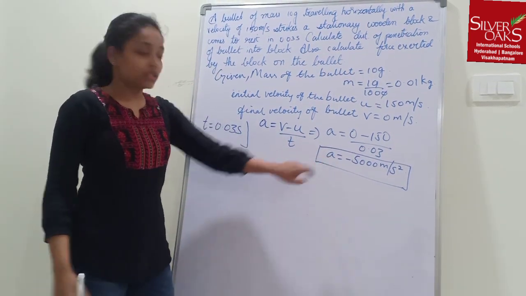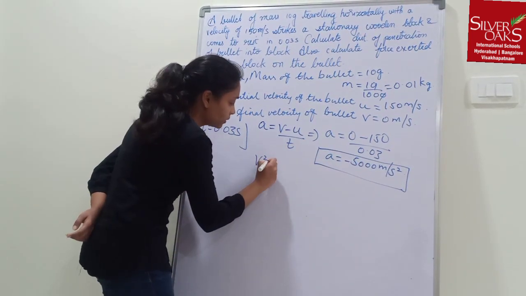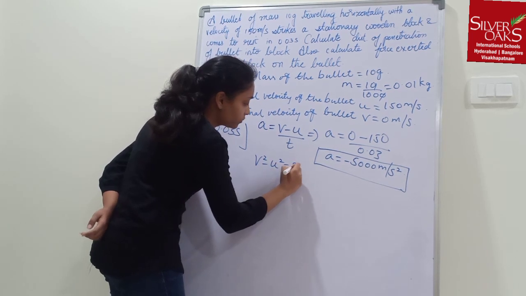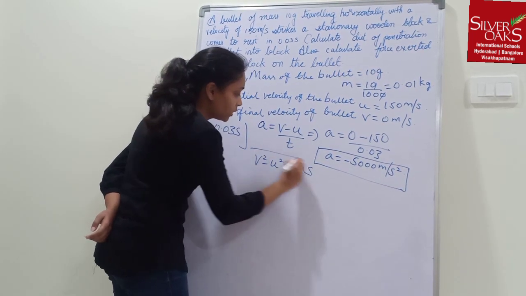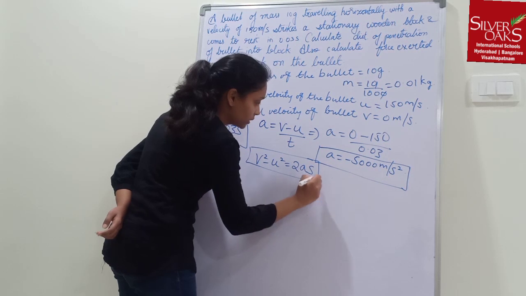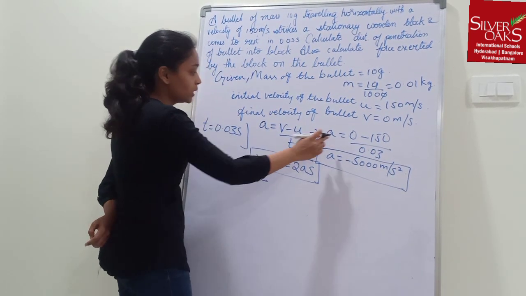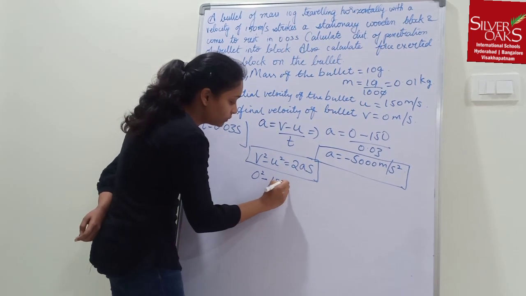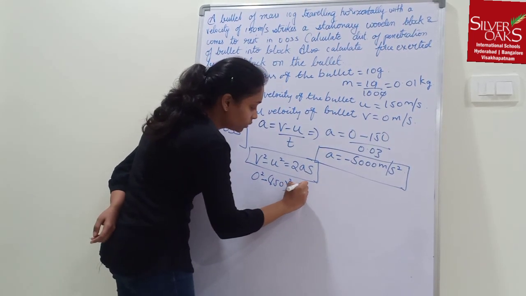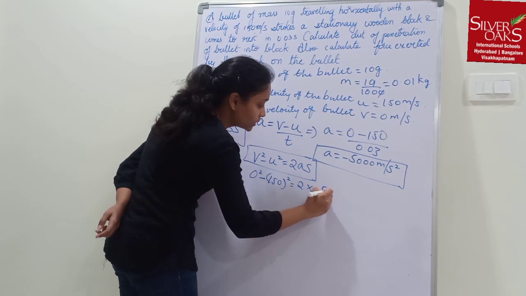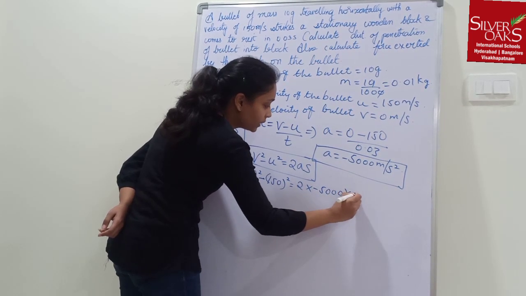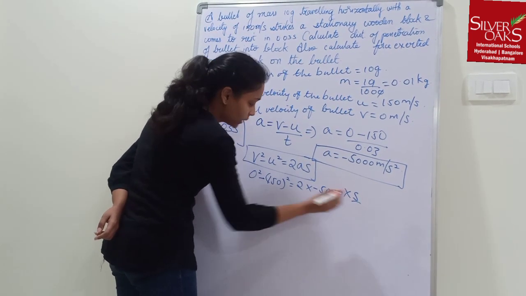Since we now have acceleration, let's calculate the distance of penetration of the bullet using the third equation of motion. Since V is 0, 0 square minus U, which is 150 whole square, is equal to 2 into acceleration, which is minus 5000, and distance of penetration is what we need to calculate.